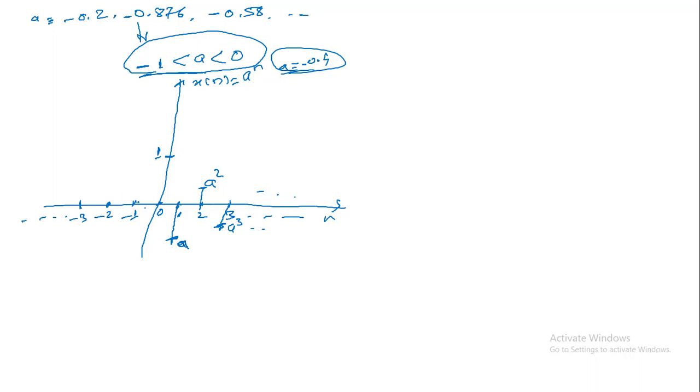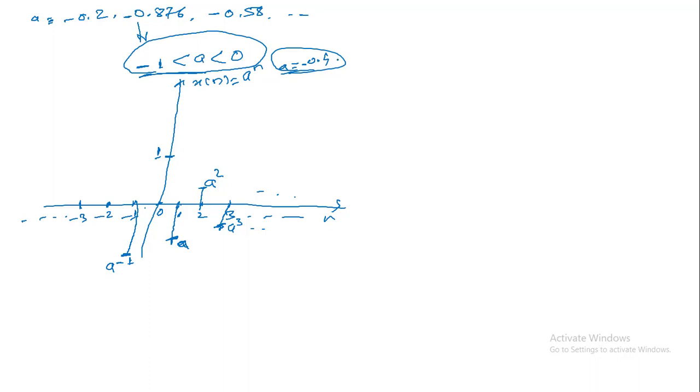Similarly for minus 1, it will be minus 0.4 raised to the power minus 1, so this will be a negative value, like this. So this is your a inverse.